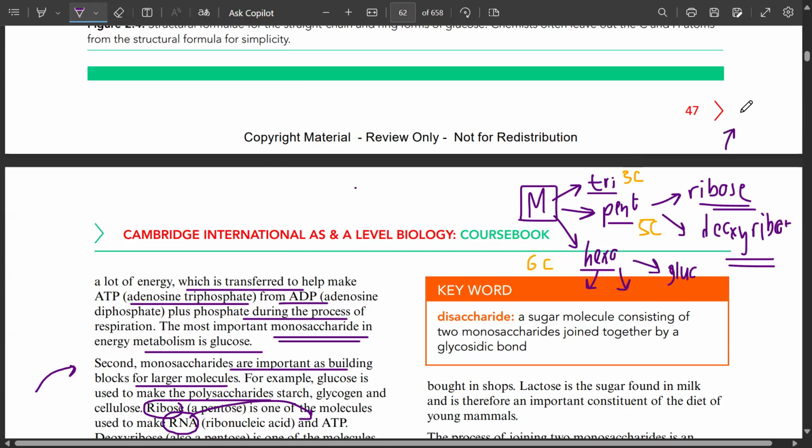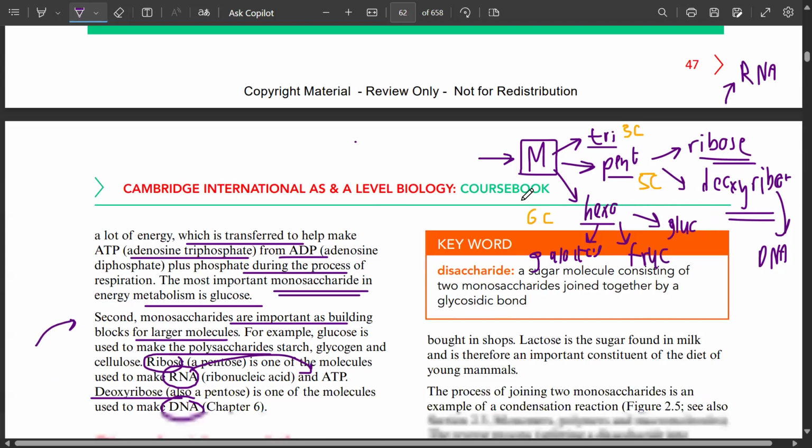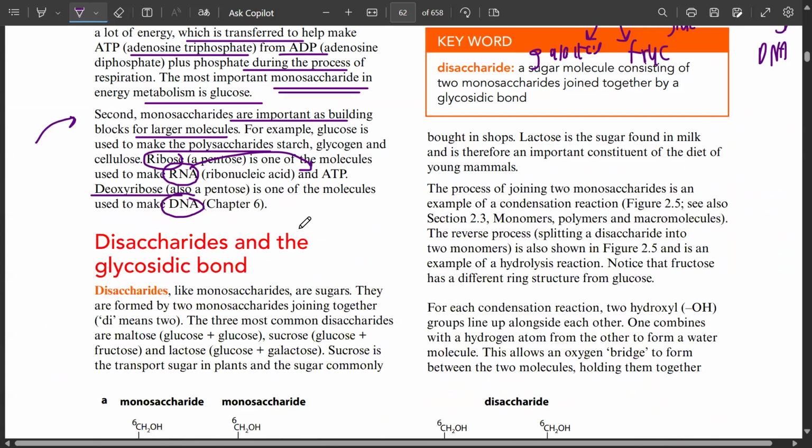And where is ribose found? RNA. Where is deoxyribose found? DNA. Then we have hexoses. Hexoses have 3 examples: glucose, fructose, and galactose. Oh, galactose. Memorize it right now. Done? Yeah. Good. Okay.